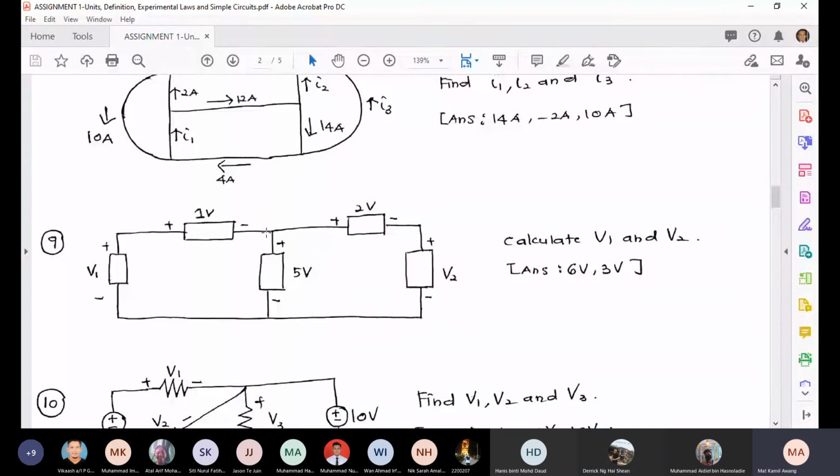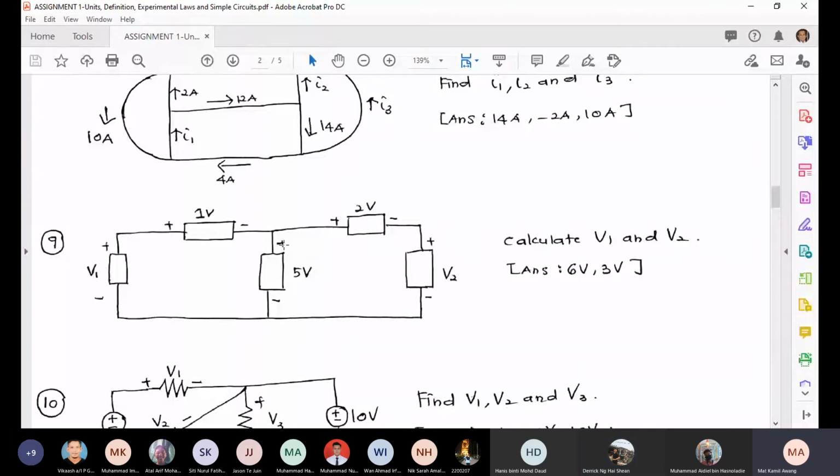So the voltage at this node, let's say you put A here, VA minus 0 is VA. So VA is 5. So 5 volt here is equivalent to this 1 volt plus this volt, but you have to look at the sign.